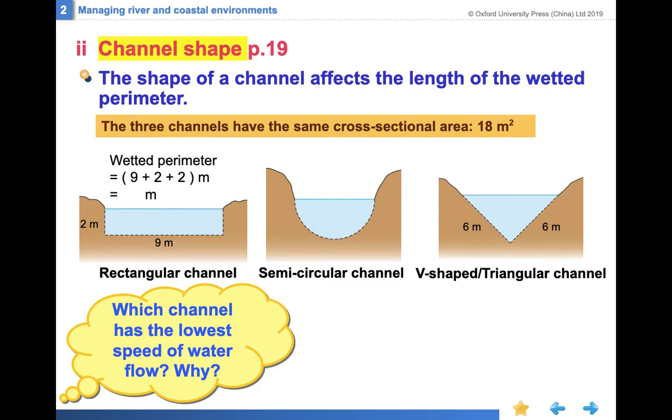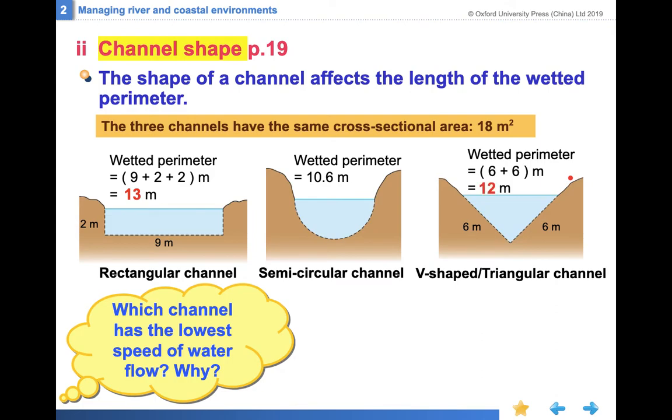So this one, we know the wetted perimeter is 2 plus 9 plus 2 equals 13. And the wetted perimeter for this one is 10.6 meters. And this one, we know the wetted perimeter is 6 plus 6 equals 12 meters.